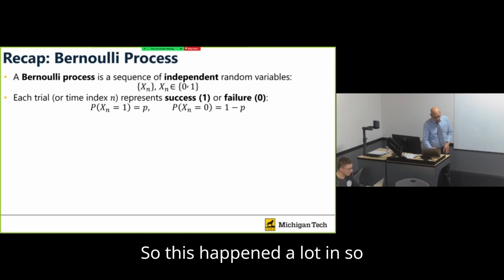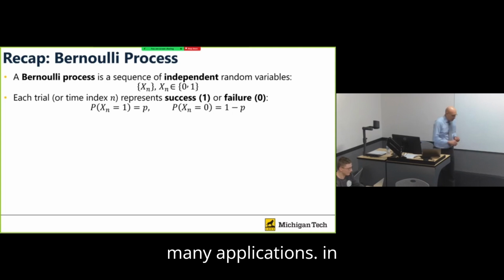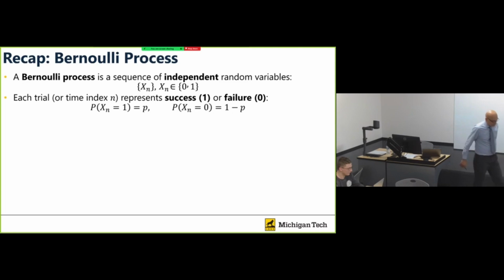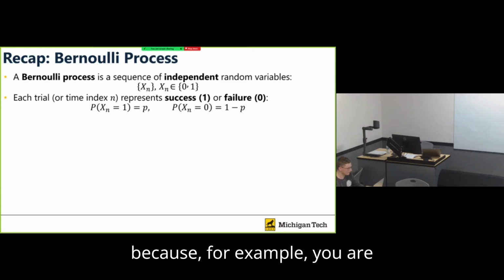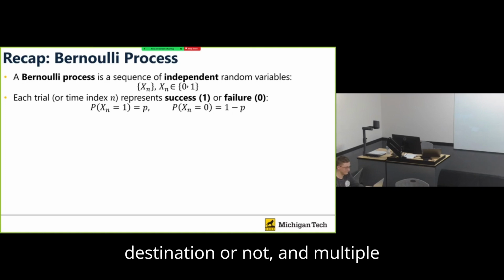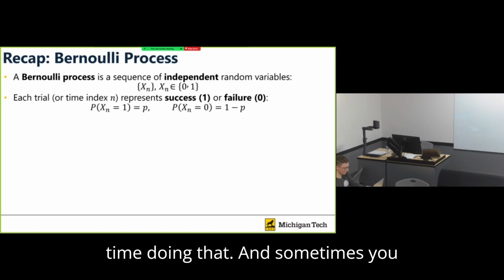This happens in so many applications in our electrical and engineering work. For example, you send a signal from a sensor to detect an object, and you get a result or not. You send data in a network, and it is received at the destination or not, and you do that multiple times.